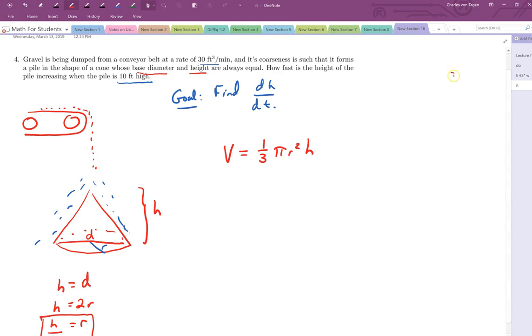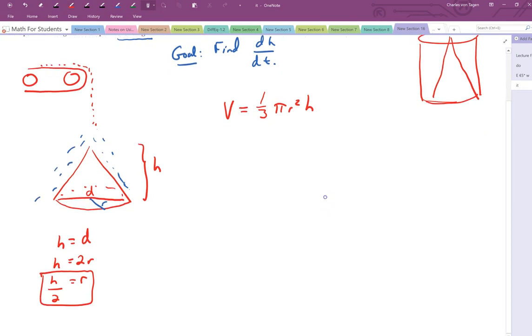The way I think about it is, if you put a cone inside of a cylinder of the same height, then it turns out, and I don't think it's completely obvious why, that the volume of this cone is 1/3 the volume of a cylinder. I did say that you should know that the volume of a cylinder is pi r squared h, and if you can just remember that the volume of a cone is 1/3 that, you'll have the volume of the cone formula.